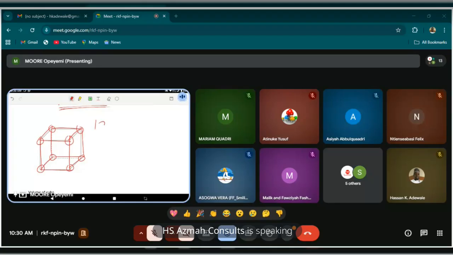So 12 edges, 8 vertices. Vertices is the plural of vertex. Then we say 6 square faces. These are the properties of a cube.